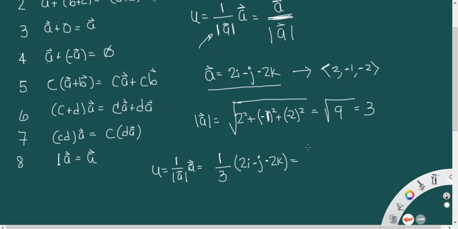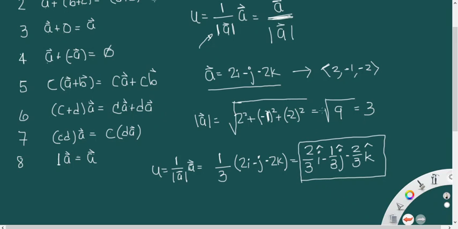And this is equal to 2/3 i minus 1/3 j minus 2/3 k. And if you see, the length of this fractional quantity equals 1. So this is the unit vector for this vector right here.